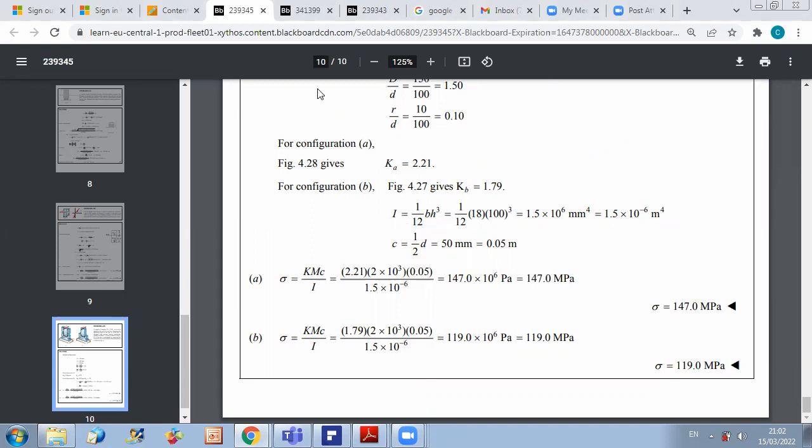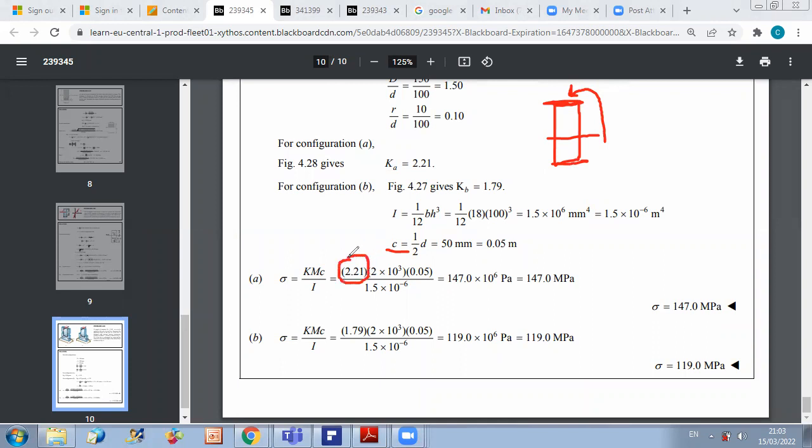And now I can determine, because here C is the same for both sides, the side subjected to compression and the side subjected to tension. So the maximum stress of tension is equal to the maximum stress of compression, equals K Mc over I. K factor is for stress concentration.